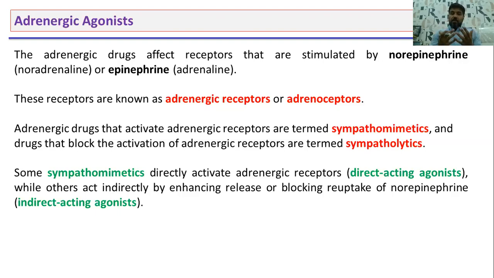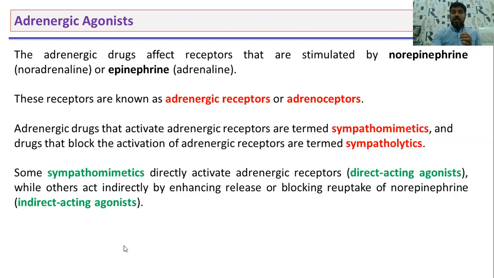The mechanism of these substances, the sympathomimetic, can be divided into 2 main mechanisms. The first one is direct acting agonist, and I think we mentioned this term in the cholinergic drugs. And here we have the same definition. A direct acting agonist occupies or binds to the receptor and induces specific pharmacological activity.